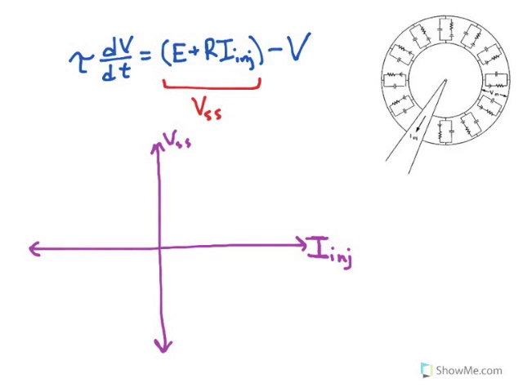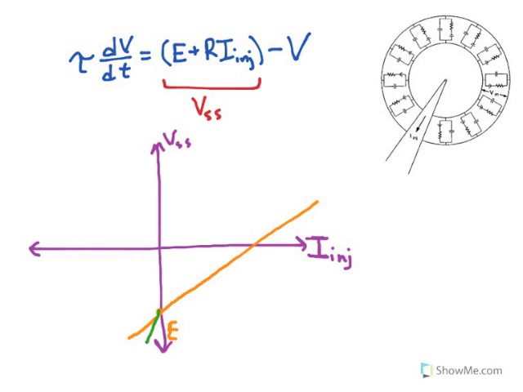So if I plot this onto this graph, the resting membrane potential is usually negative, something like negative 60. So let's say this is E here, and you can't have a negative resistance. Resistance always has to be positive, so this line is going to be a positive line. And you might ask, okay, so why did I choose to draw that line?